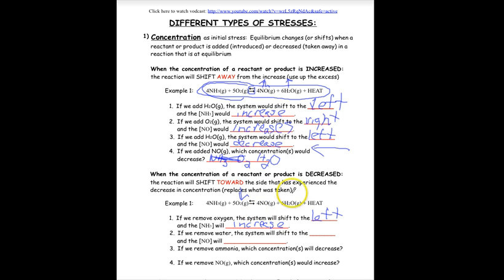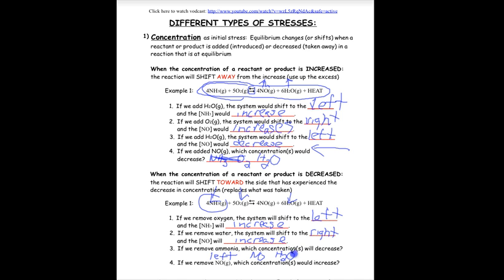If we remove water, remove same, it's going to shift to the right, and the NO will increase. Whatever side it shifts to goes up in concentration, right? If we remove ammonia, it shifts to the same side, which means it'll shift to the left, which means the other side, the NO side and the H2O side, will decrease in concentration.